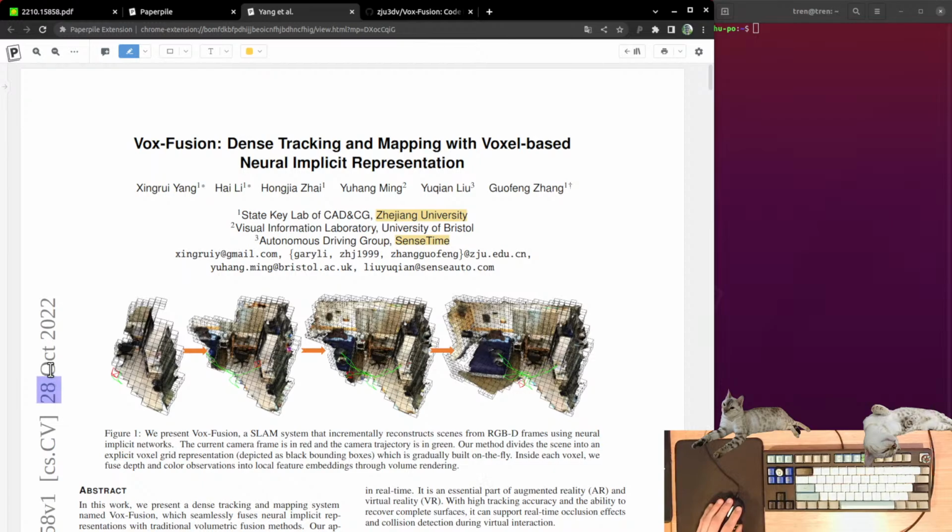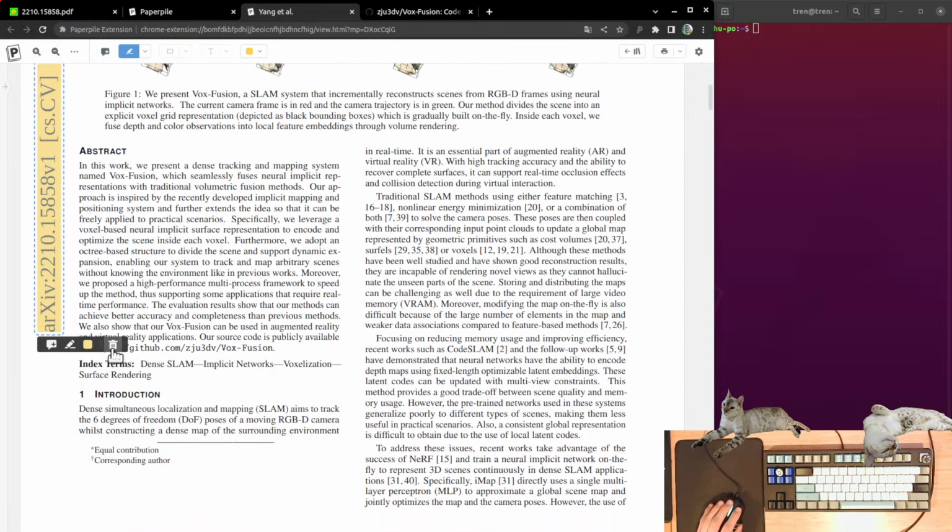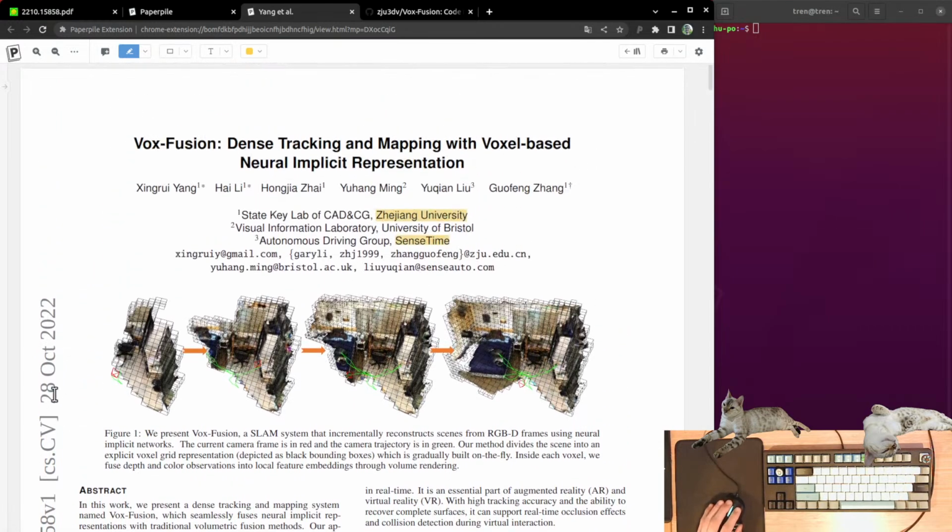So definitely a heavy hitter, maybe not in the Western sphere, but in the Asian sphere for sure. This is also very recent, just a couple days ago.